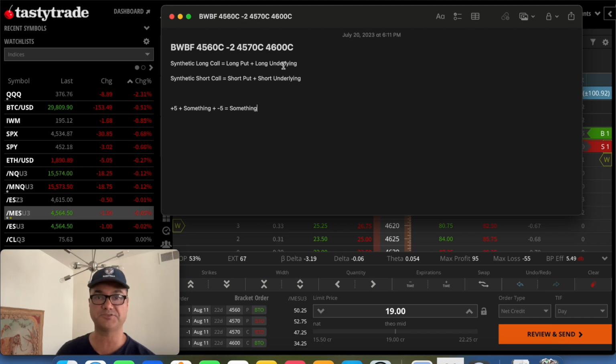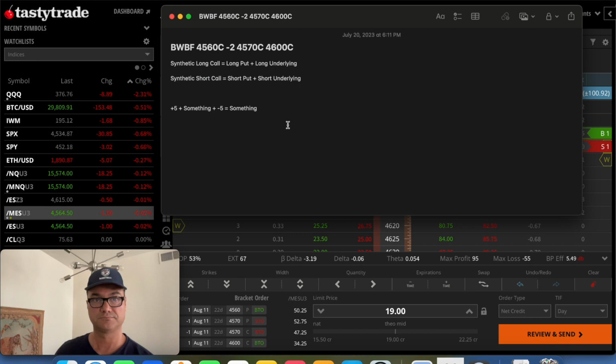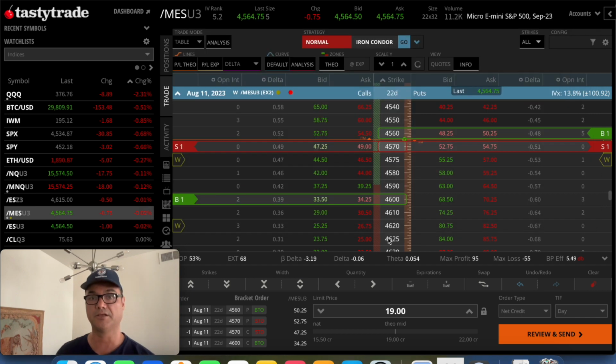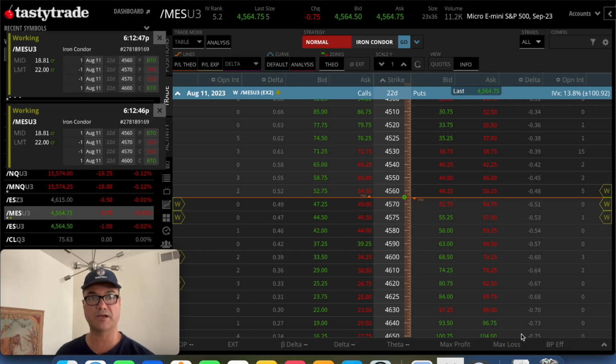So the underlyings cancel each other out. You're left with the long put, which is right here, and the short put, which is right there. Long put plus long underlying, and then the synthetic short call, short put plus a short underlying. When you put this order in, now it gets accepted without a problem.